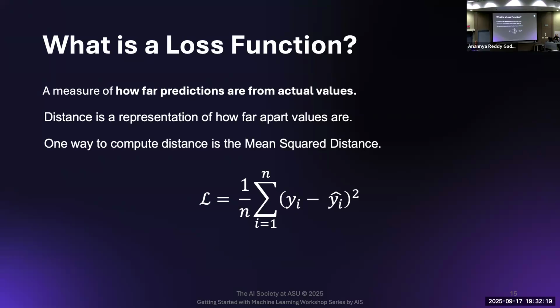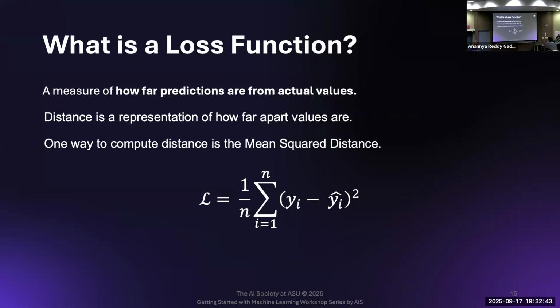One way to calculate this loss function to determine whether that line is good or bad is using mean squared distance. In mean squared distance, we subtract the predicted value from the actual value, so yi minus y hat, and we square that so that we don't cancel the negatives and positives.